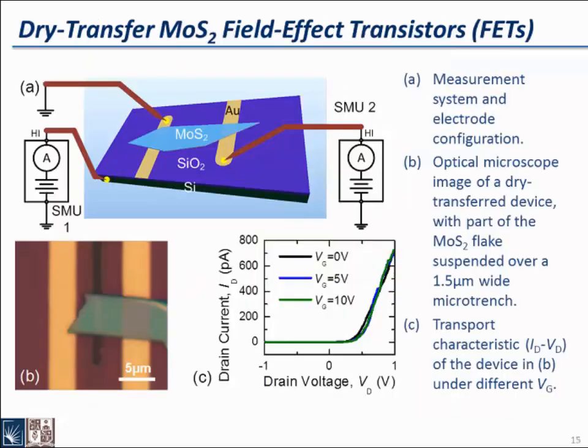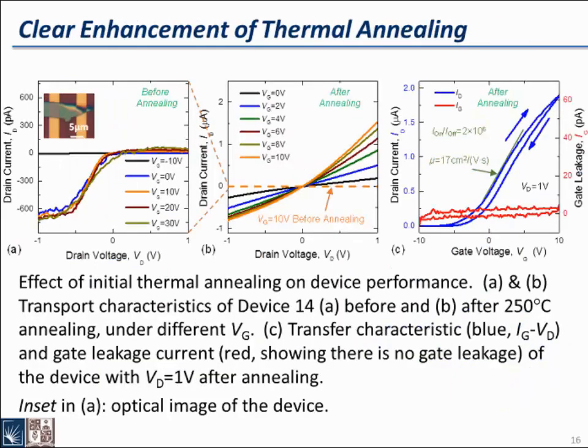Of course, we were curious if the devices are any good or not. And so we measured the device with a high resolution Keithley 4200 semiconductor parameter analyzer. You can see some of the devices are already very good switching devices, but some of them are not. For example, this one is before annealing, after thermal annealing.